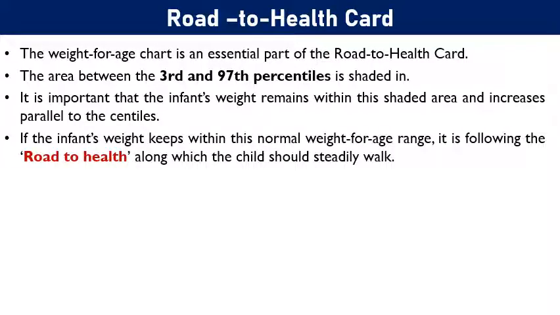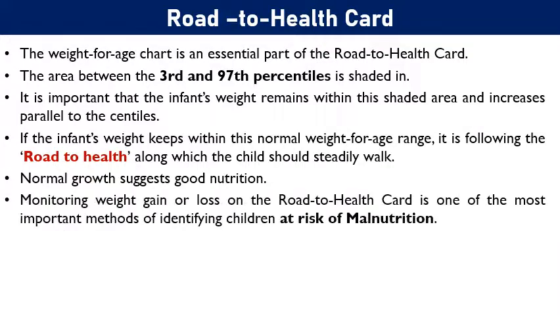If the infant's weight keeps within this normal weight for age range, it is following the road to health, which means the child is growing normally, along which the child should steadily walk. Normal growth suggests good nutrition, which means the nutrition you are providing is the right one for your children.